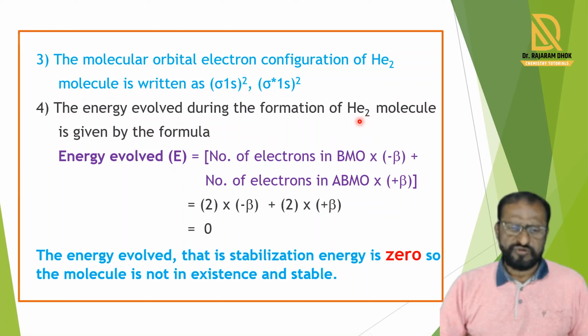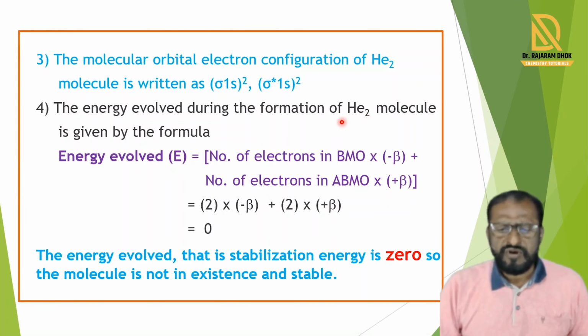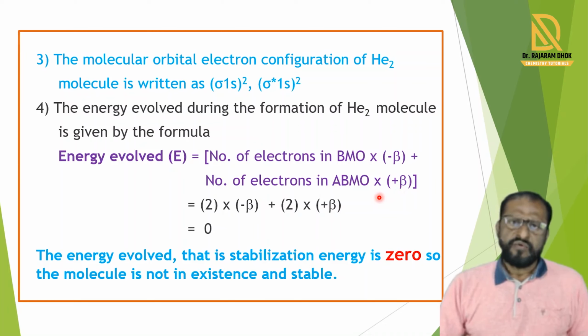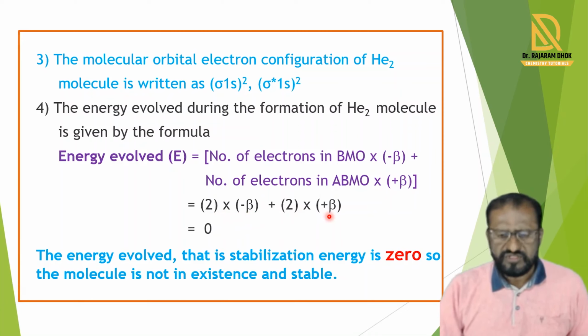The energy evolved during the formation of the He2 molecule is explained by a simple formula: energy evolved E is equal to the number of electrons in bonding molecular orbitals times minus beta, plus the number of electrons in anti-bonding molecular orbitals times plus beta. By adding the values, we write 2 times minus beta plus 2 times plus beta.